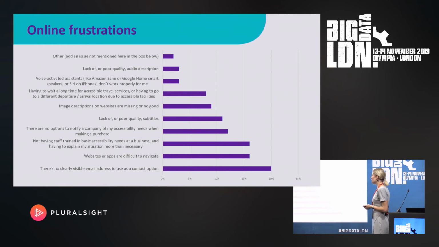There are no options to notify a company of my accessibility needs when making a purchase. Not having staff trained in basic accessibility needs at a business and having to explain my situation more than necessary. And then this one, websites or apps are difficult to navigate. That's annoying for everyone, but particularly if you have a cognitive impairment.